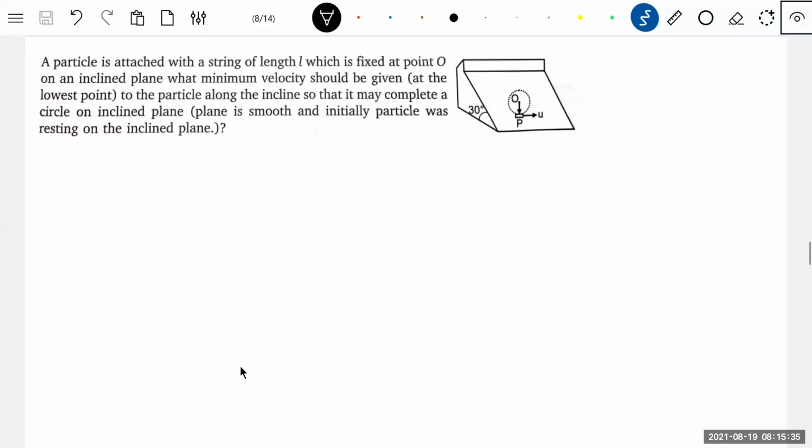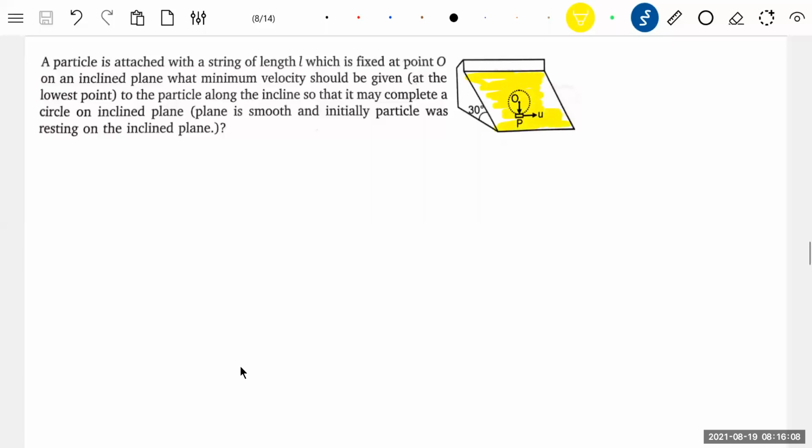We have this situation on an inclined plane. How to manage a condition like this? So I think we should now do this problem in the plane of the incline. The yellow color is the plane of the incline. We should discuss this problem in the plane of the incline.